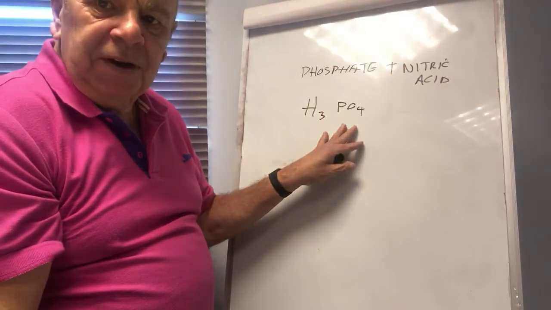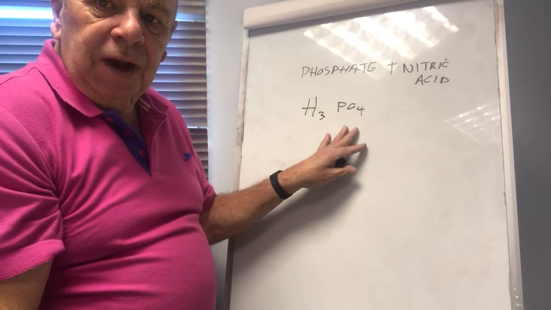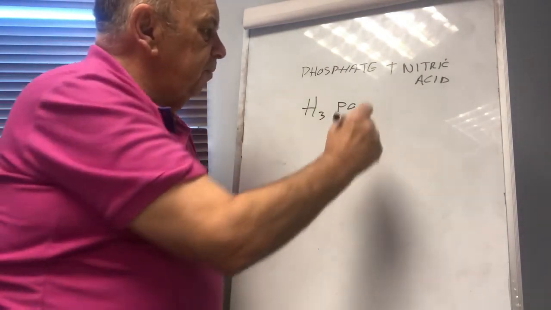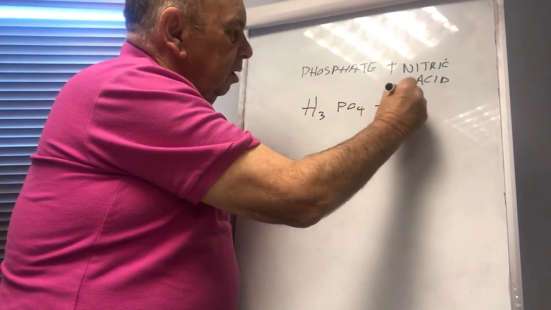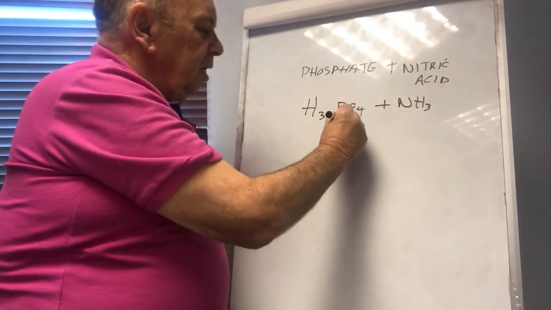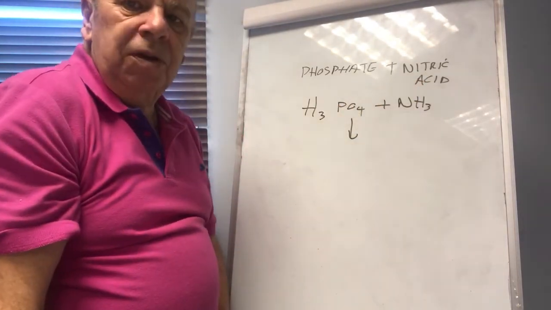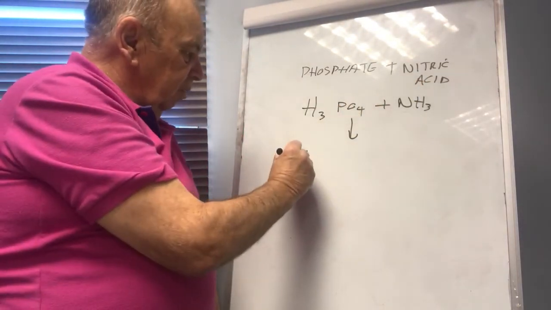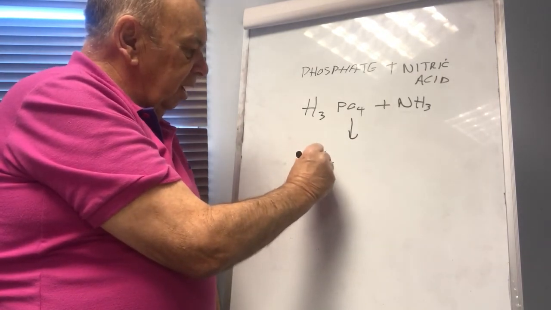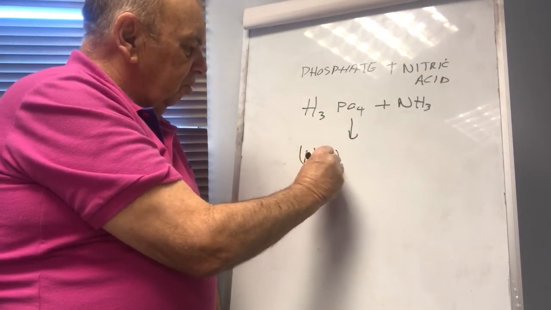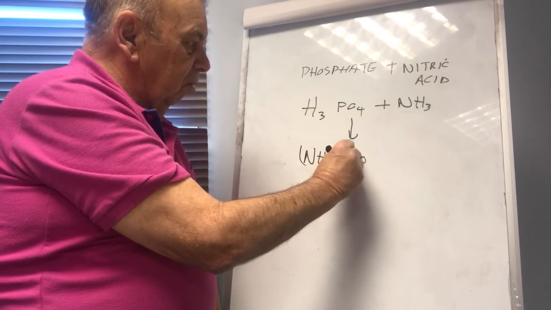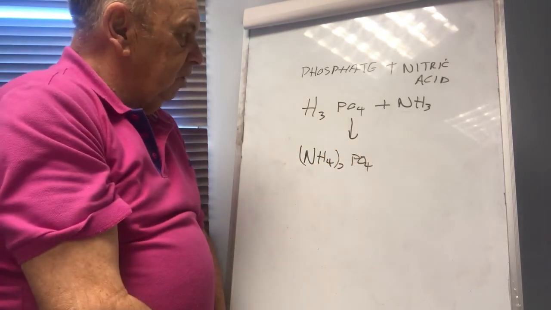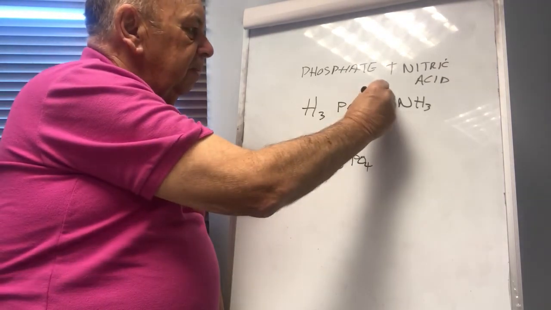The phosphoric acid reacts with ammonia, and it forms ammonium phosphate, which has the formula (NH4)3PO4. I'll balance it up now.